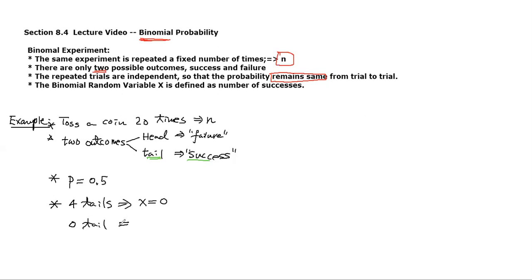That means after these 20 trials, you got 0 tails, then your random variable value is equal to 0. Or I want to know, if I do this, the probability I get at least 12 tails. Then your x will be greater than or equal to 12. That's what we call the binomial distribution.